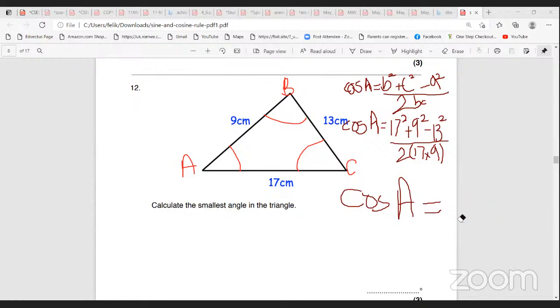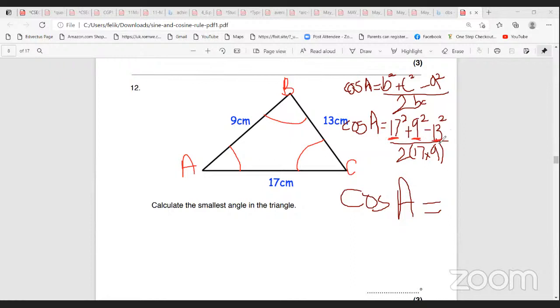Why is my answer different from everybody else? So 17 square plus 9 square, that's the first thing you do. That equals 370.